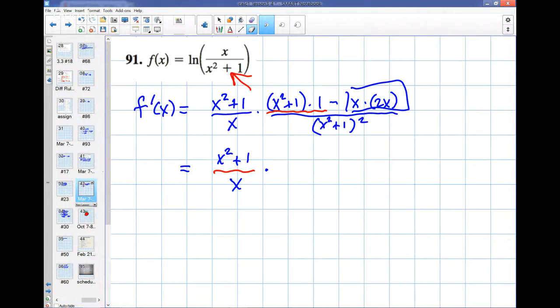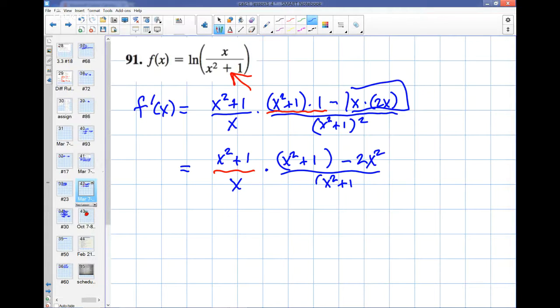Now I just write it out instead of trying to do this. So it's x squared plus 1 minus 2x squared all over x squared plus 1 squared. Times x squared plus 1 over x.